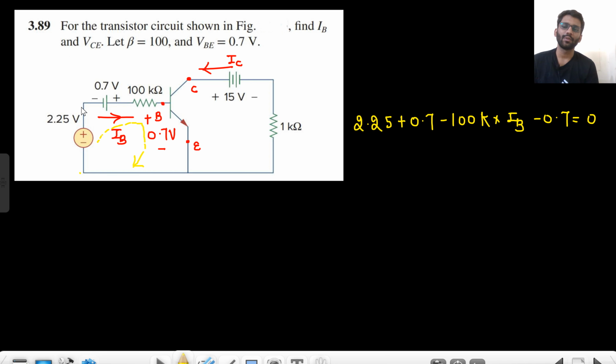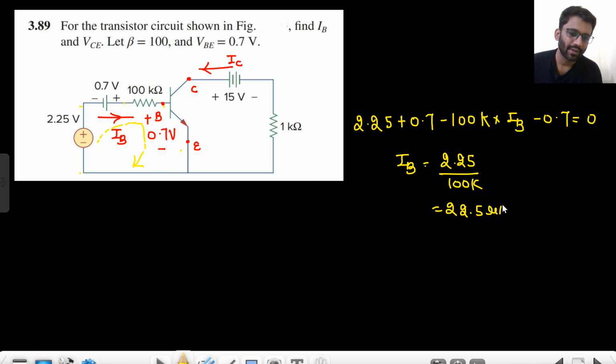I started from here, 0, plus plus minus minus. That's it. So your IB current is coming out to be 2.25 by 100k, that means 22.5 microampere. This is your IB current.